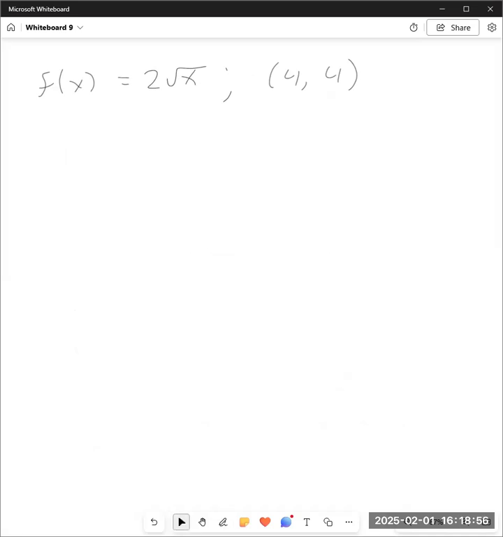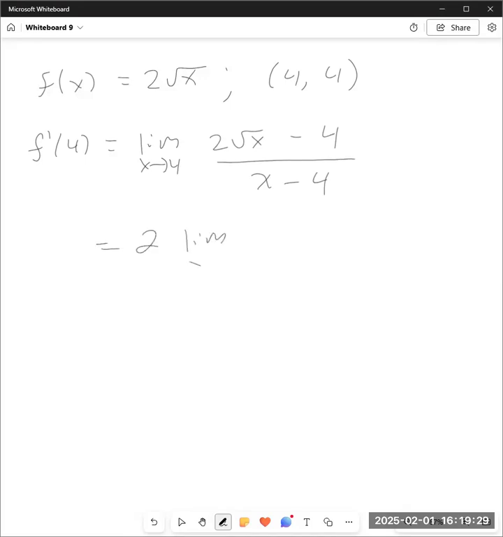F prime of 4 is going to be the limit as x approaches 4 of 2 root x minus 4 over x minus 4. Now, I'm going to go ahead and pull out this common factor of 2 to get me started. It's not helpful to my problem. I'm just going to put it outside my limit here.